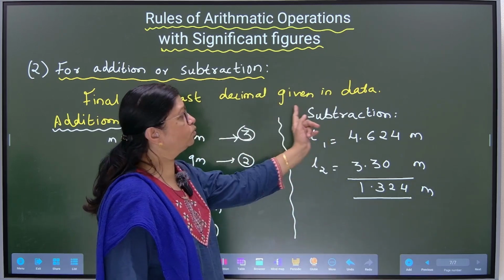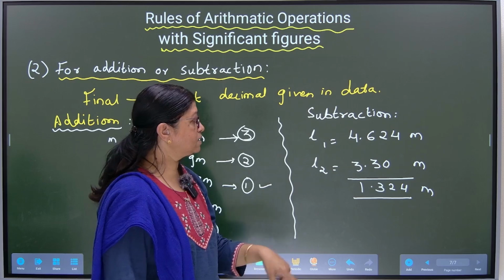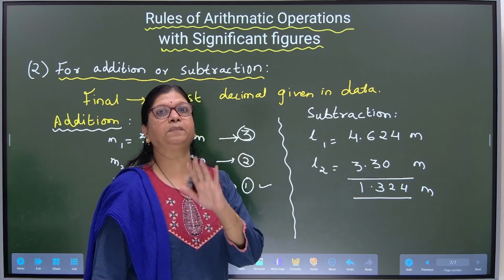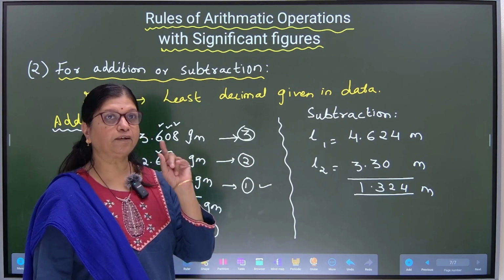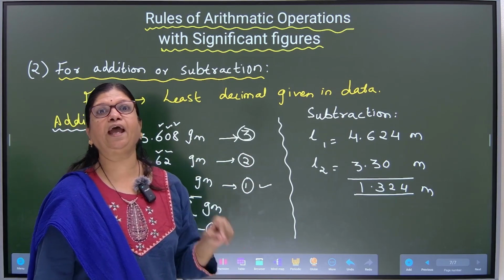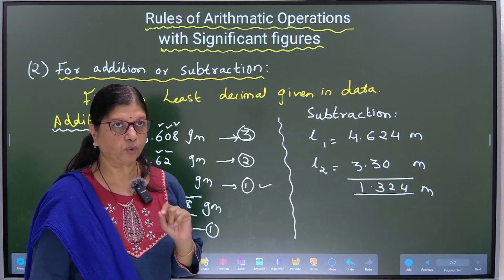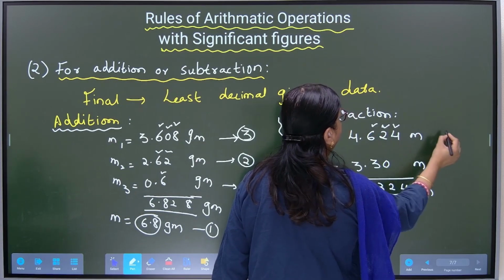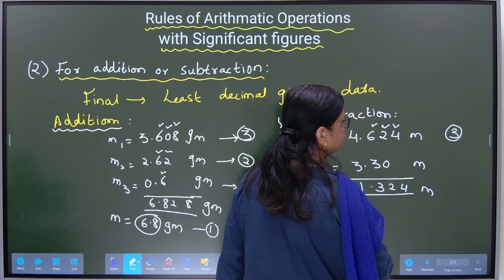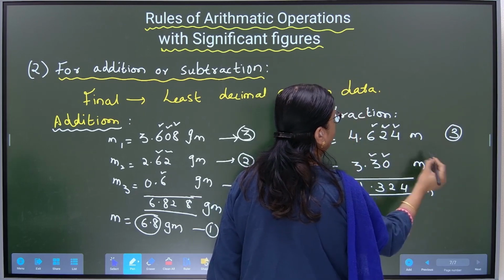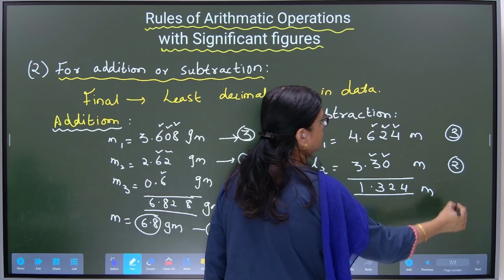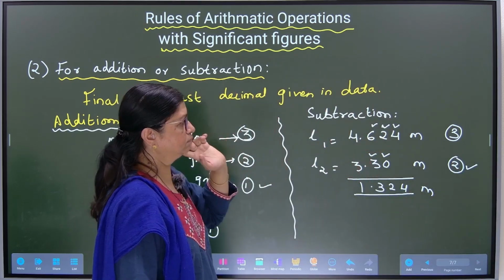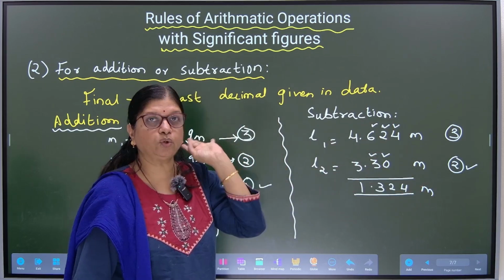But according to the rule, my final answer must have the least decimals. So let us see how many decimals does this data have. 3 decimals. How many decimals this data has? 2 decimals. So my final answer should have only 2 decimals.